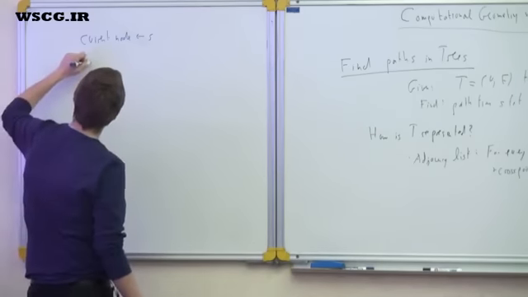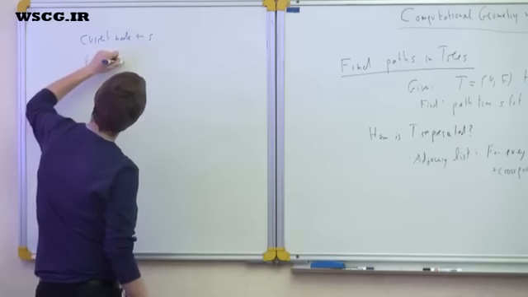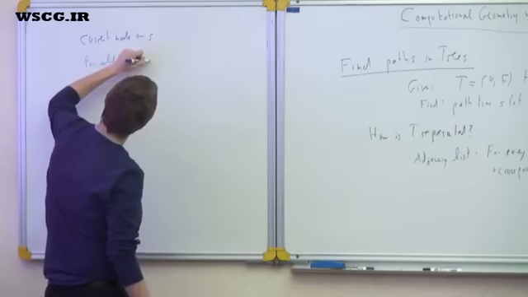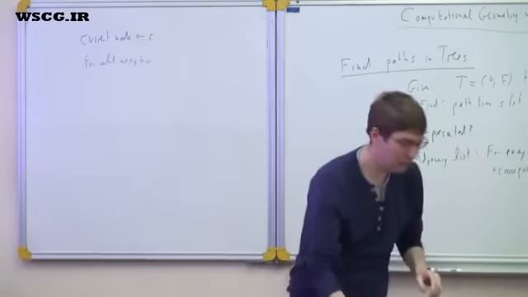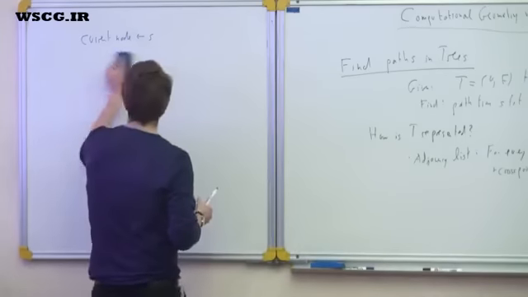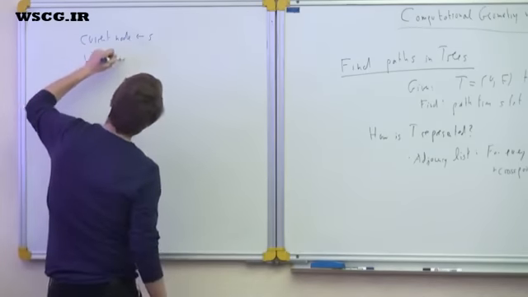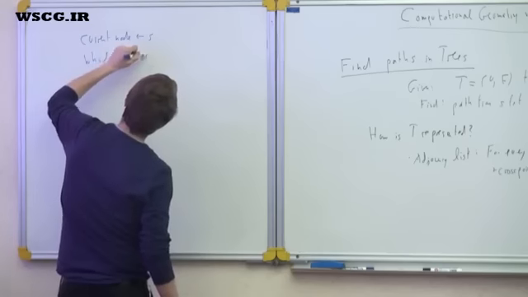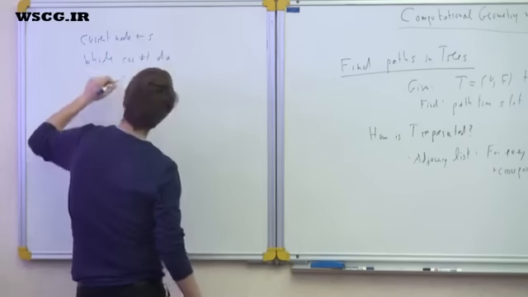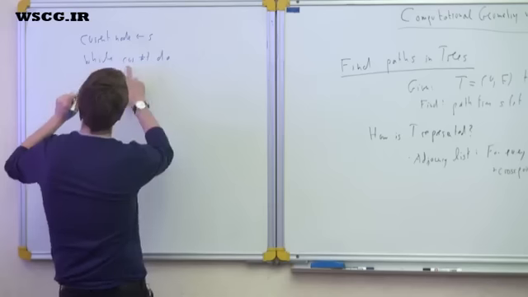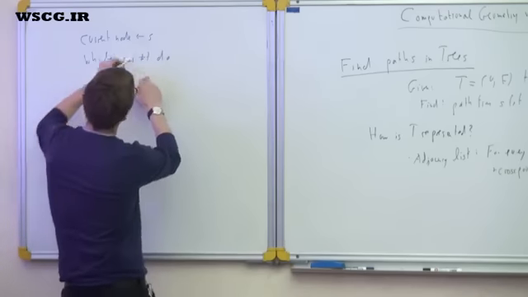For all neighbors of S, or maybe like this: while current node is not T, do. I abbreviated current node to cur.